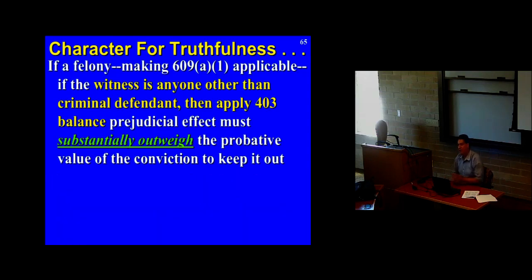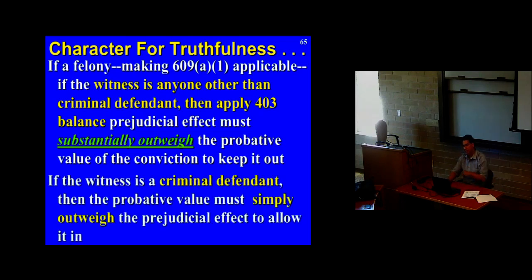Now, in that instance, that standard applies only if the witness is a non-criminal defendant witness. If it's a criminal defendant witness, then a completely different standard applies. It's a related but different standard. If it's a non-criminal defendant witness, then your typical 403 standard applies.